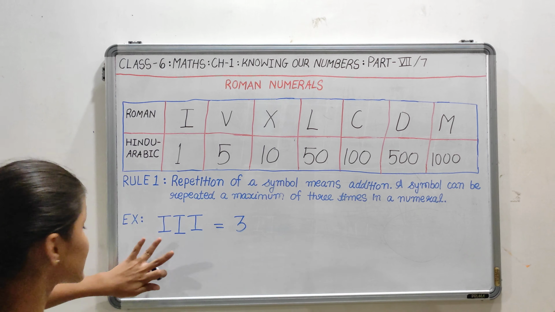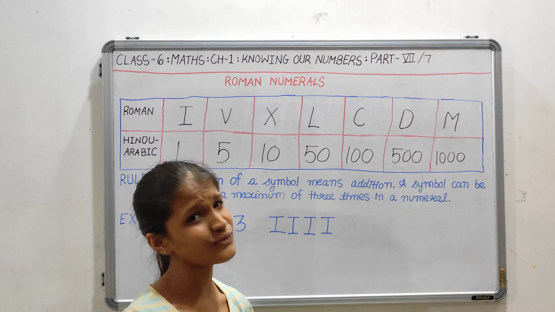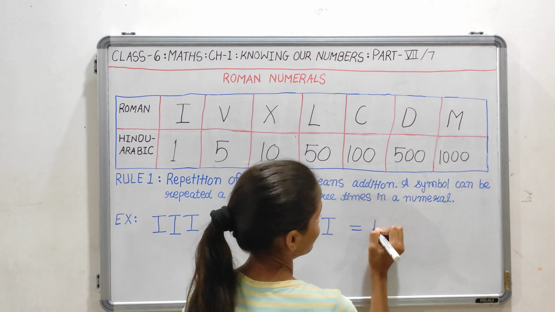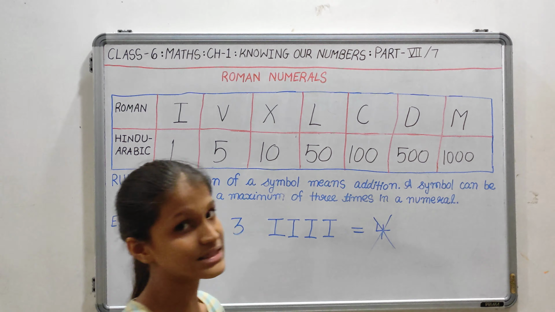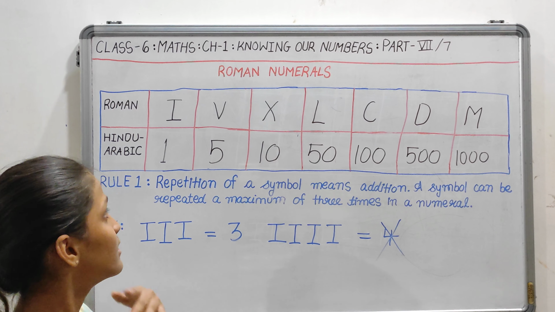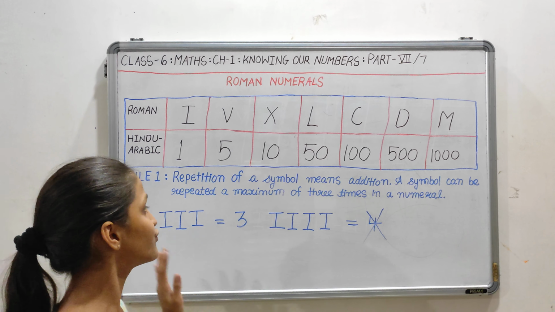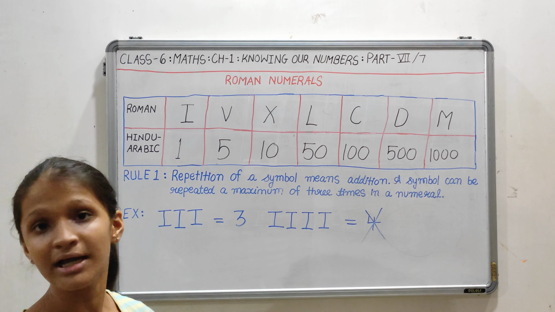Now what if we add I 4 times? Do we get our answer as 4? No. This doesn't mean anything. Why? Because any symbol can only be repeated a maximum of 3 times, not more than 3 times.